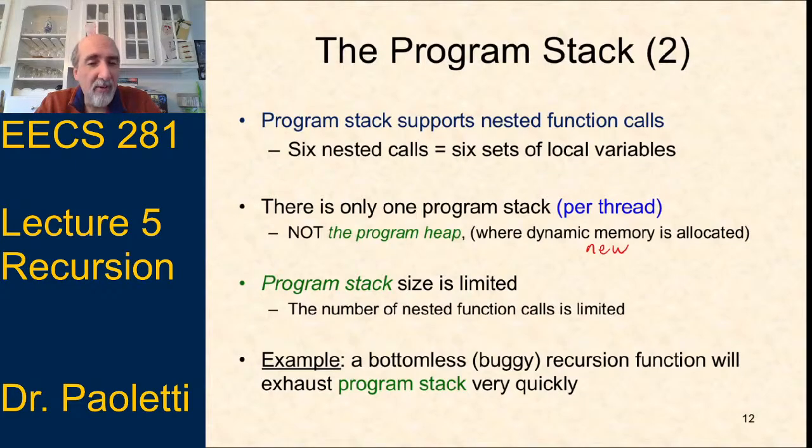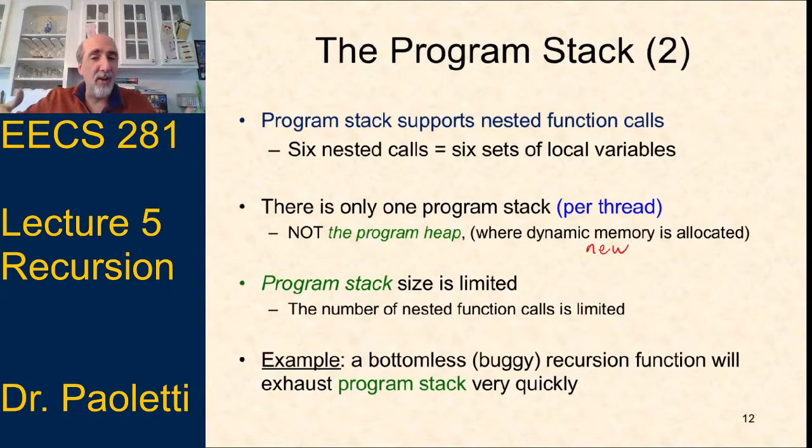So if we have a recursive function with a bug, it will exhaust the program memory, like if it doesn't make progress towards the base case, or the base case has a mistake in it. Or it could simply be that it's not a tail recursive function, and I called it with just too big a value.